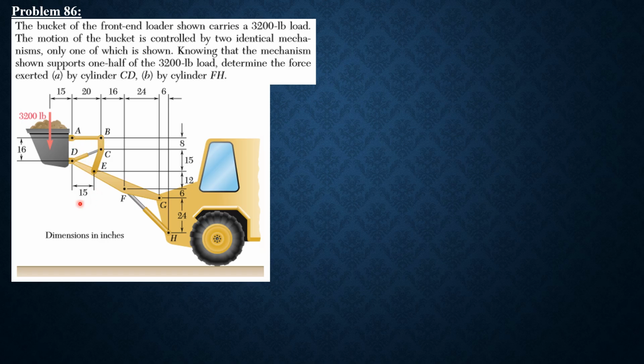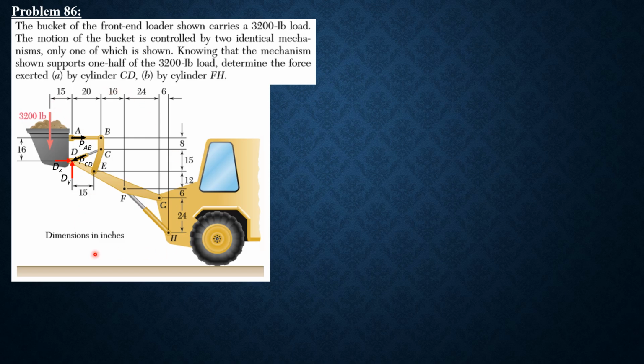Let's draw the free body diagram. Call that PAB. PCD is assumed to be in compression, and there are two component reactions at D, Dy and Dx. Considering these forces, summation moment about D, we can solve PAB.